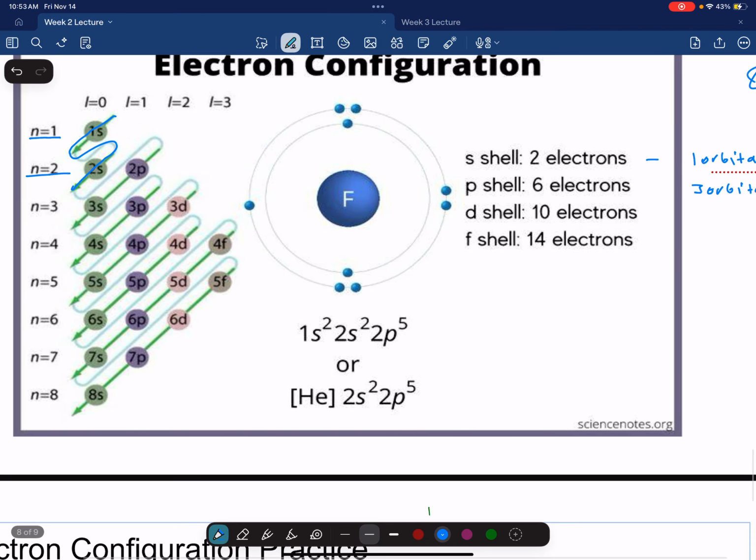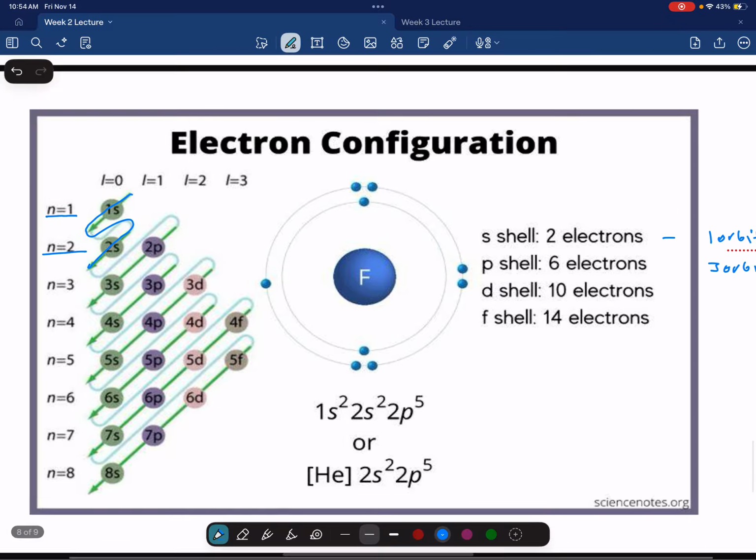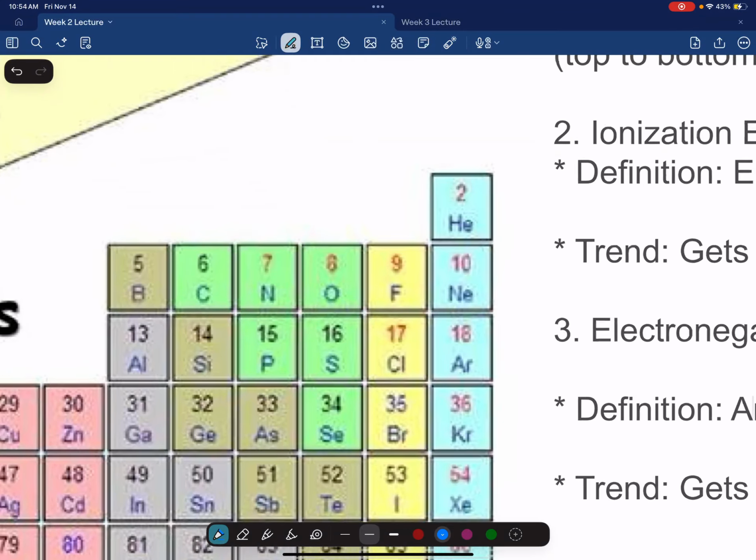So electronic configuration, like we said, is going to be a representation of how electrons are in a given atom. So for our example here, we have fluorine. So fluorine has how many electrons in total? In order to figure that out, let's go to our periodic table and look for fluorine.